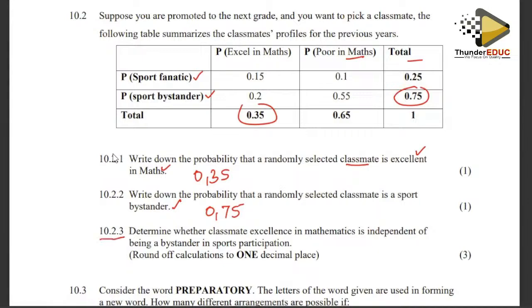And then 10.2.3, determine whether a classmate's excellence in mathematics is independent of being a bystander in sports participation. So we have the probability. Okay, let's just put it aside. So you excel, and then a bystander.